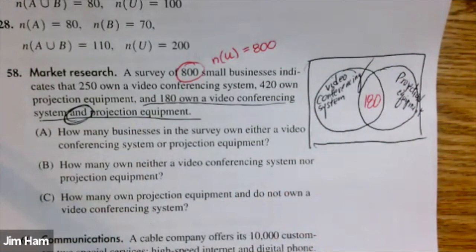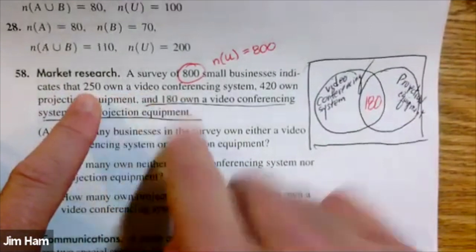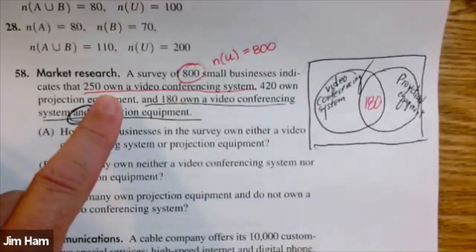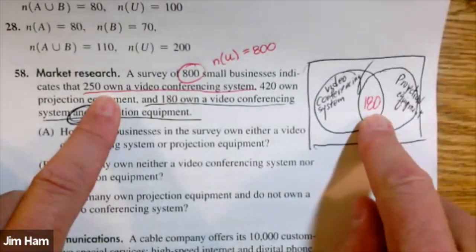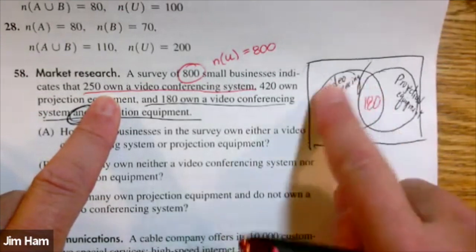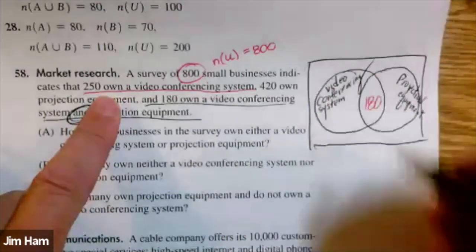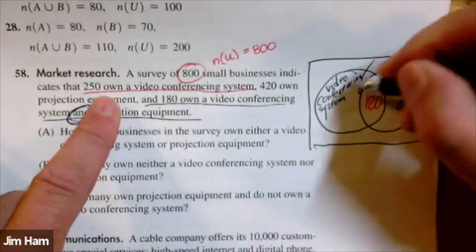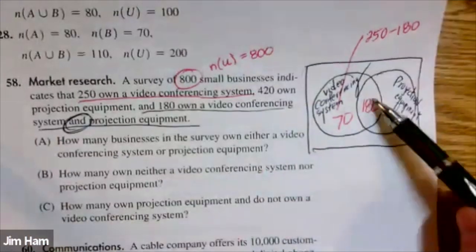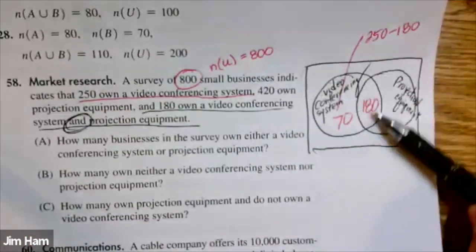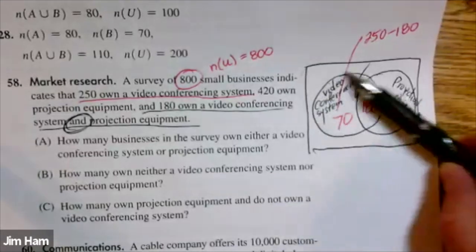Now from here on out, we do subtractions. We know that 250 own the video conferencing system. So that means these 180 plus some more add up to 250. So what must go in this region here? Okay. So then you can see that there are 250 businesses that own the video conferencing system.